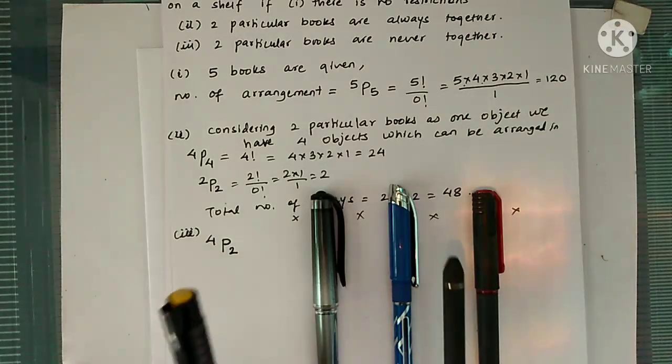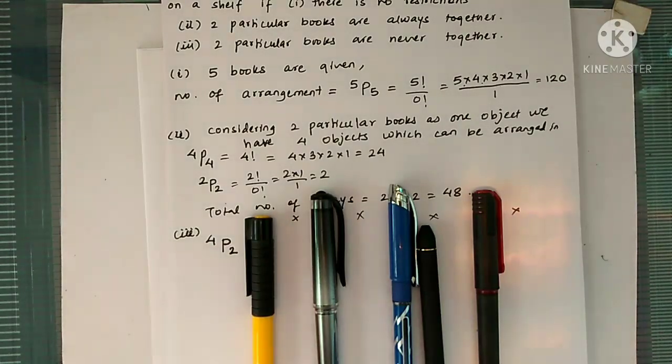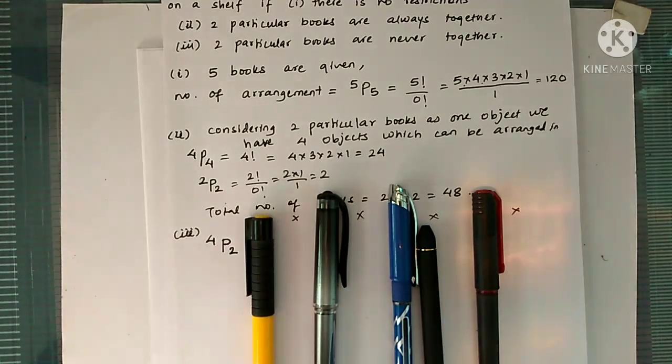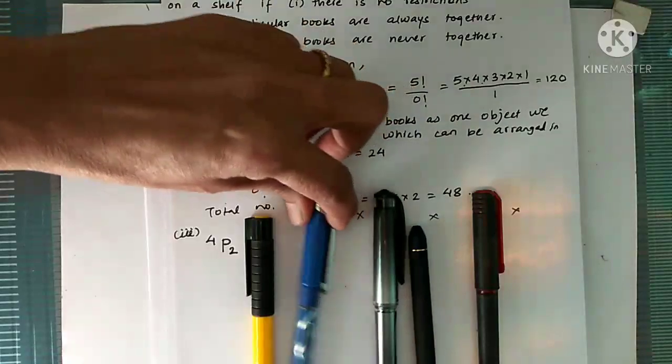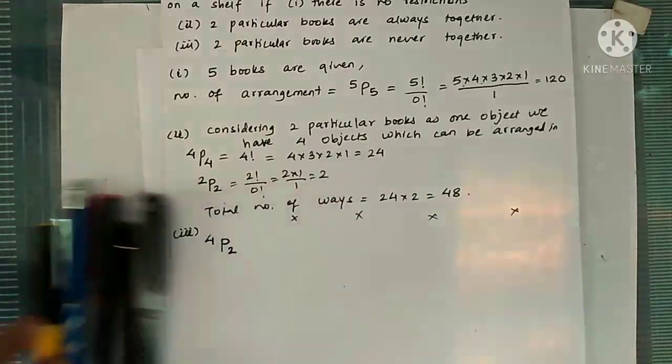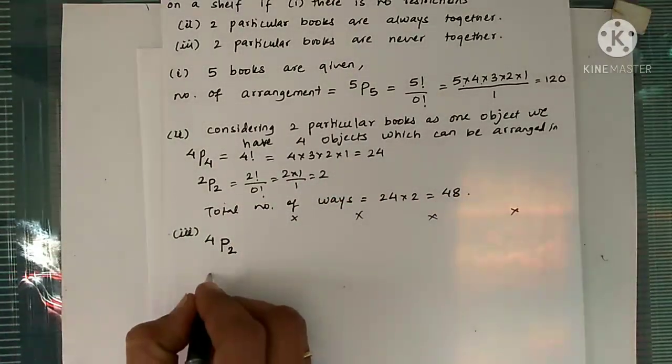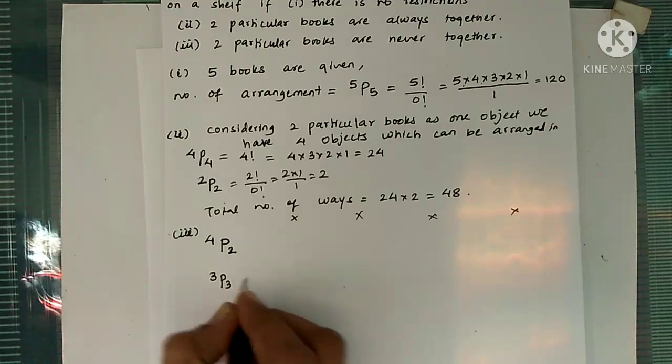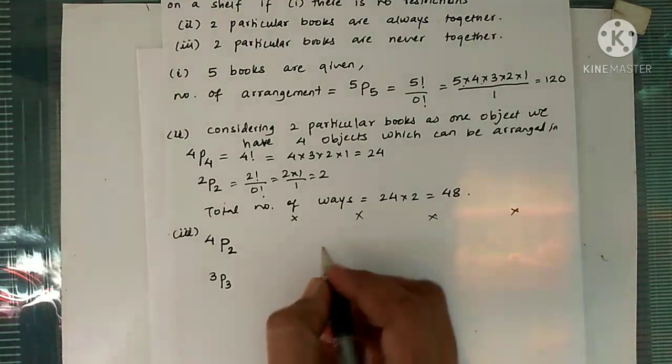Now if we arrange these 2 objects, then we have to arrange the 3 remaining objects. Those can be arranged in 3p3 ways. See, this is a different arrangement if I interchange these 2. So the remaining 3 objects can be arranged in 3p3 ways. So what is the explanation?